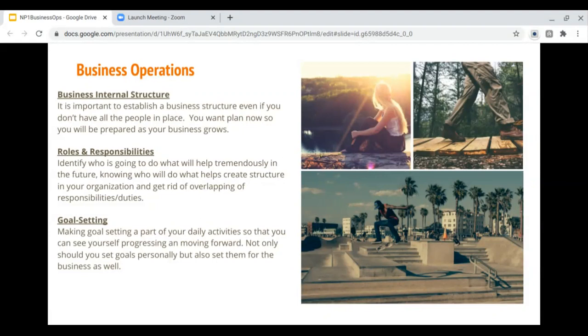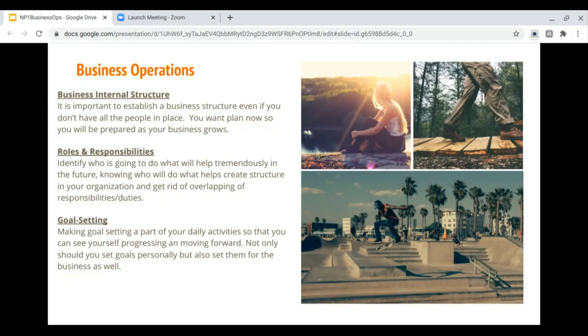Make sure you have not only the right people in place, but even if right now you're doing all those roles or you intend to do all those roles, you actually have a plan for who and where and what needs to happen as you grow to put people in place of those roles.